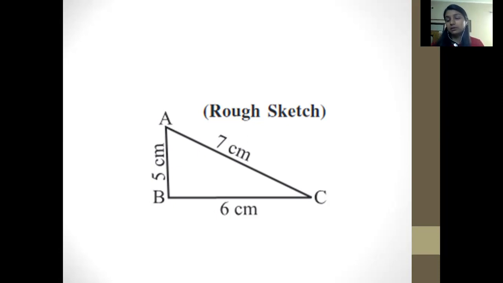So what can we do to construct this triangle in an appropriate way? This is what we are going to do in today's class. That is the SSS criteria in triangles, which is our today's topic. Let me write the topic on the board first. That is SSS criteria.